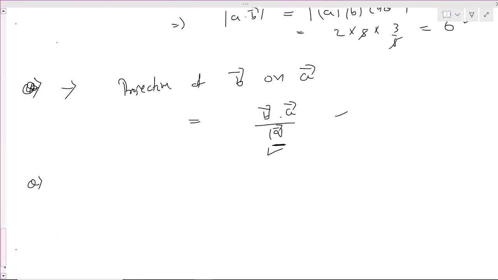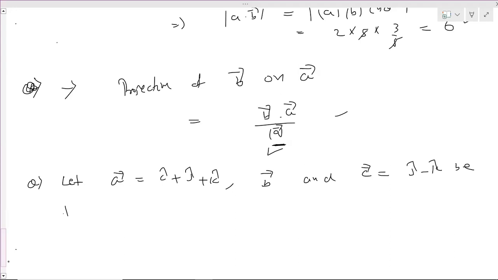One question on this. Let A vector equal I plus J plus K, B vector and C vector equal to J minus K cap. B and C are vectors such that A cross B equals C vector and A dot B equals 1.